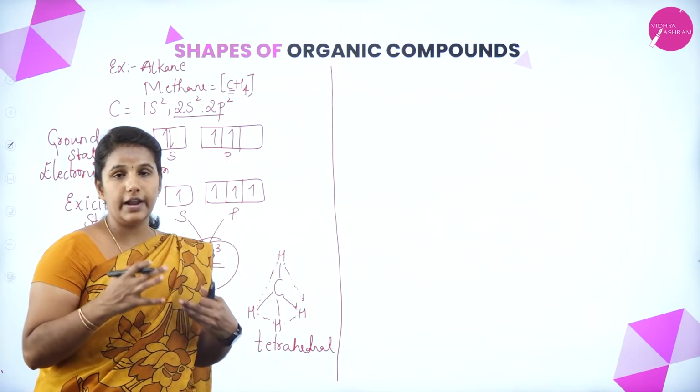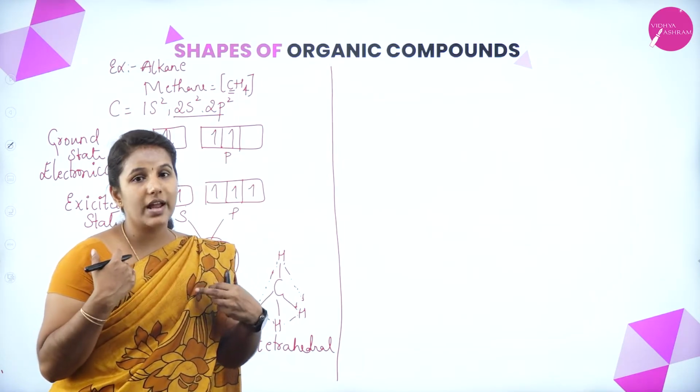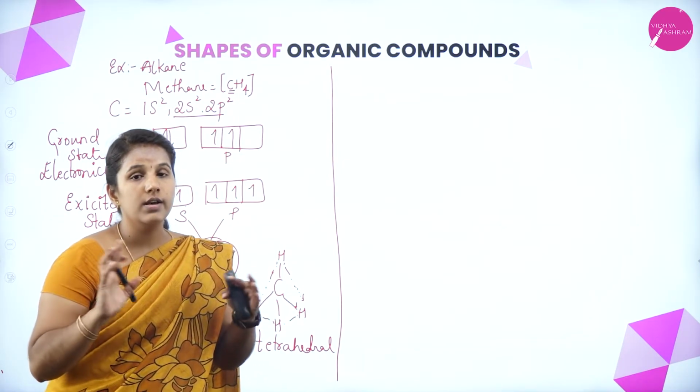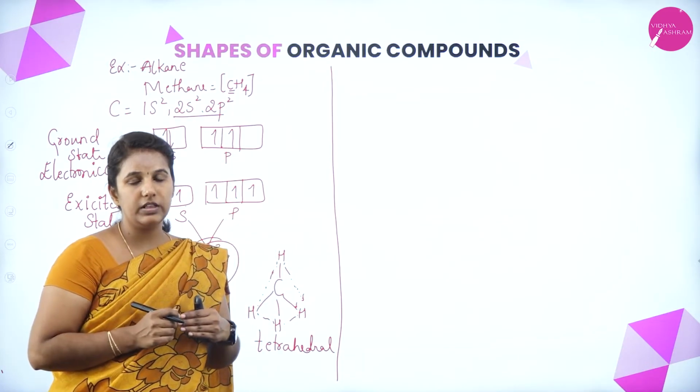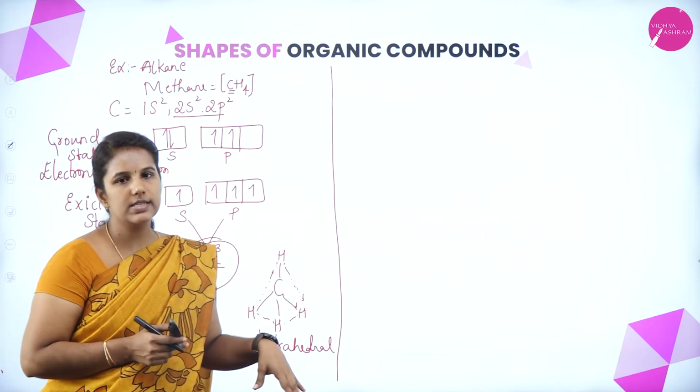Okay. So, if you are writing the shape, please show the distances between the carbon and hydrogen, because the hydrogens have electrons and will repel each other, so we have to keep the distance. Then, we write this structure.